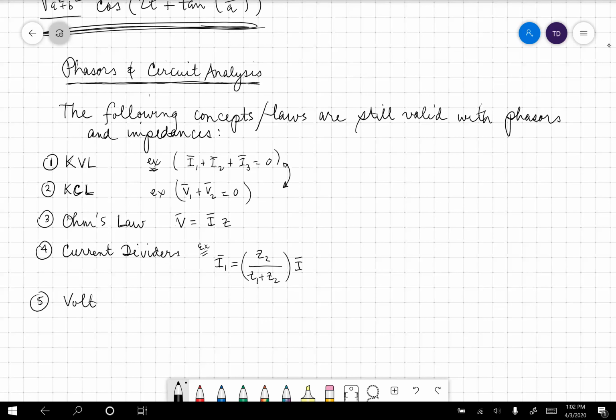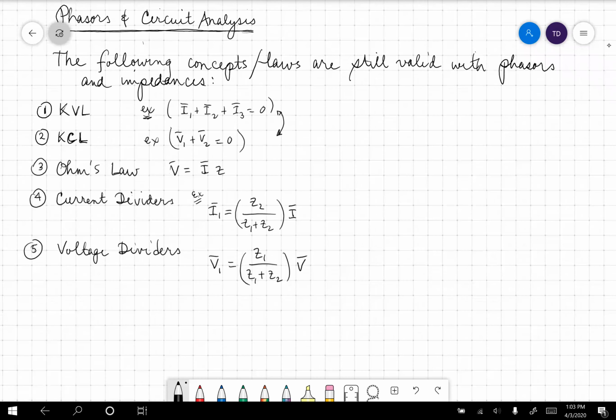Voltage dividers: V1 equals Z1 divided by Z1 plus Z2, all times V. So that's all valid. Current and voltage dividers, awesome.